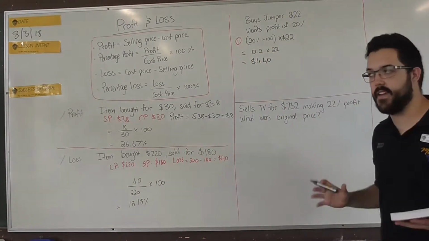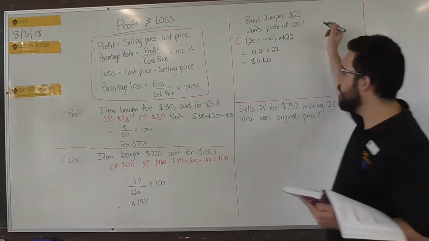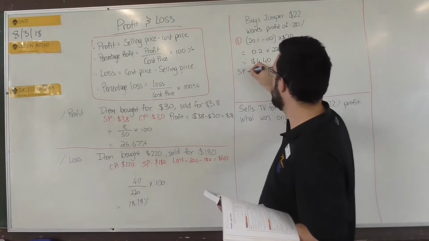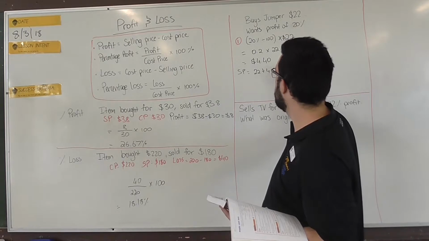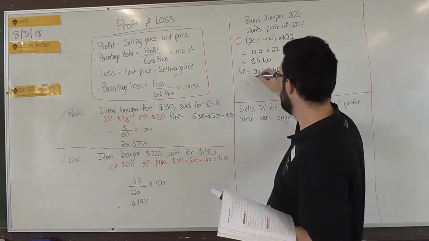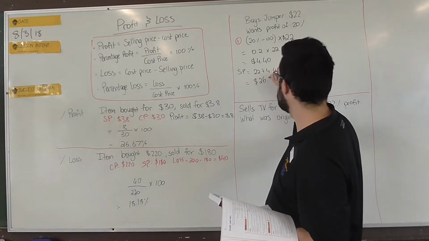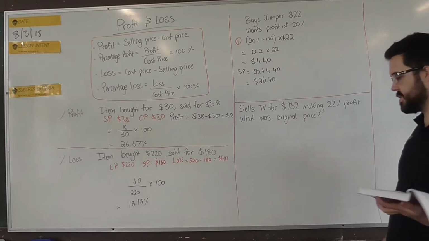So what we've done here is found 20% of $22. Now, our selling price is going to be $22 plus our $4.40, our extra 20%, which makes us $26.40. So that's how much you sell it for if you're adding 20%.